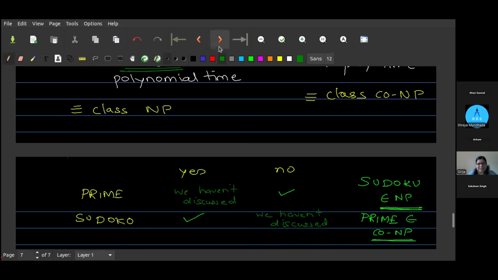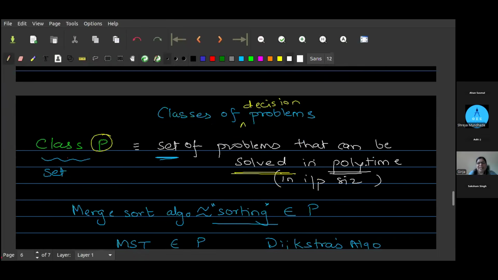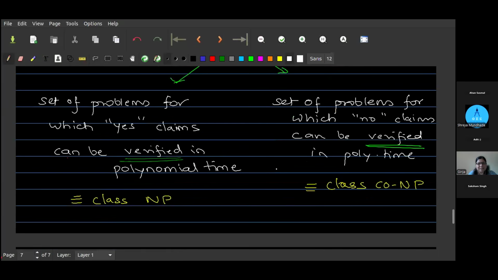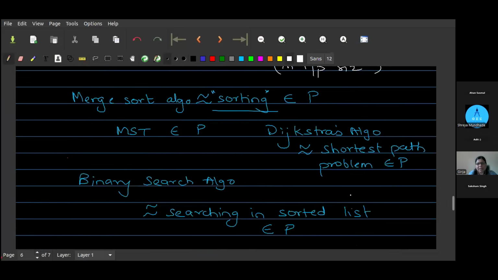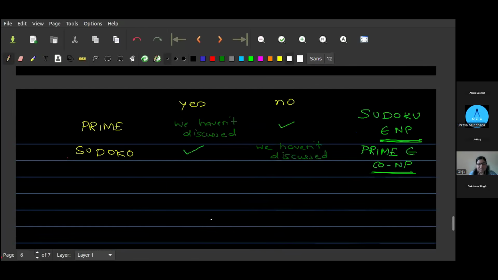We will come to why it is in NP. Exactly, because of the AKS algorithm, but we'll need some more connections. Everybody has to see why the existence of this algorithm tells you that it is in NP. We will come to that.